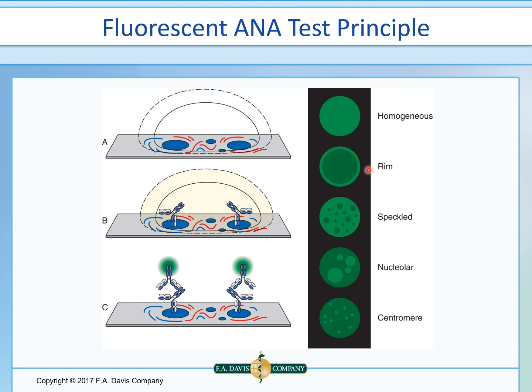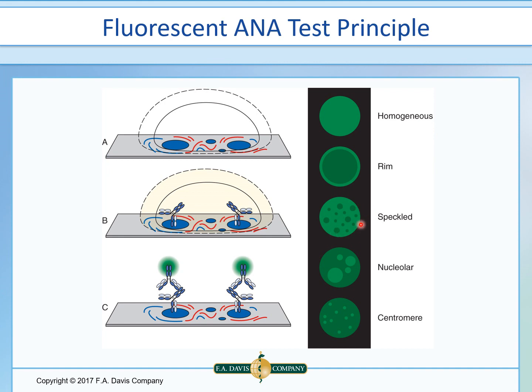The peripheral pattern, also known as the rim or outline pattern, is another one commonly associated with lupus specifically. The diffuse staining of the nucleus with greater intensity around the circles surrounding the nucleus is due to antibodies to double-stranded DNA and is highly specific for lupus.